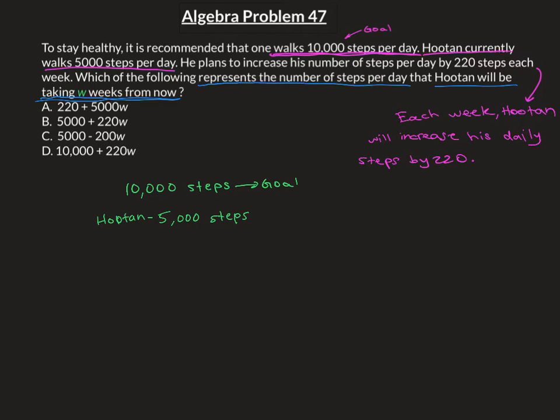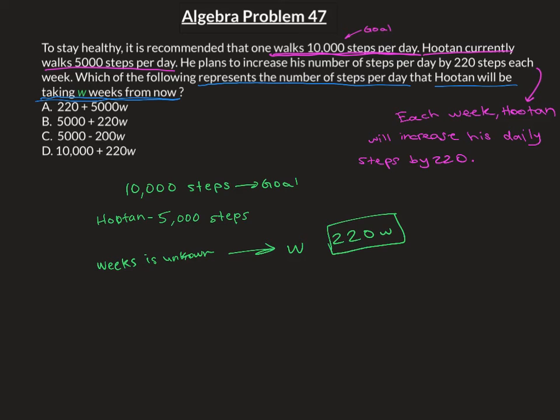So 220 each week, right? So 220 times W, because we don't know the number of weeks. Weeks is unknown. And since weeks is unknown, we have to assign a variable, W. So 220 steps each week, so you've got 220W.